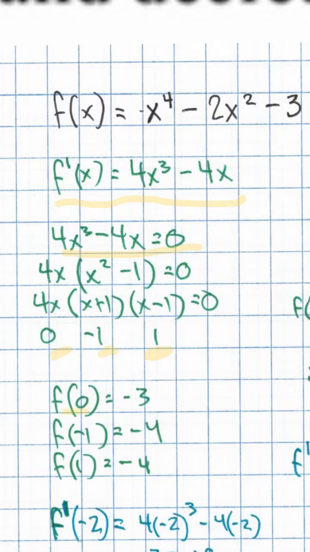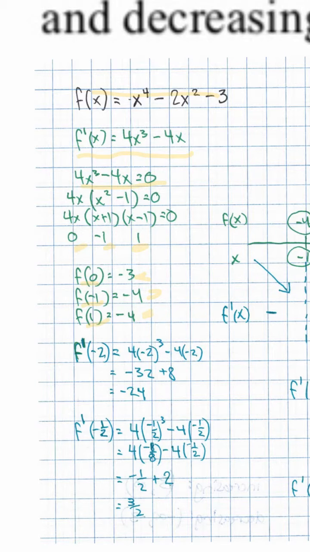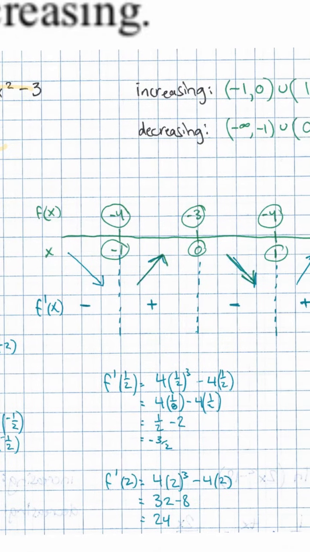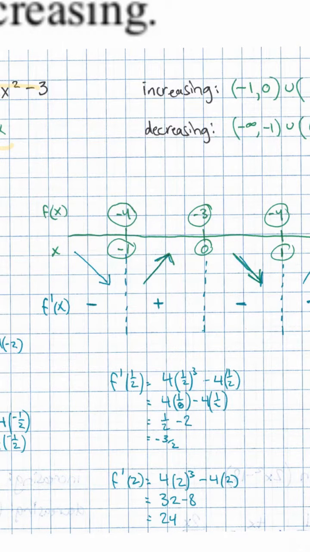I plug these values back into the original function, and so I've got points at 0, -3, -1, -4, and 1, -4. Then I made a number line, and I put those 3 x values, the -1, the 0, and the 1, on the number line, because those are my critical values, and those are the places where increasing and decreasing may change. I also put the y values up above in case I needed them.